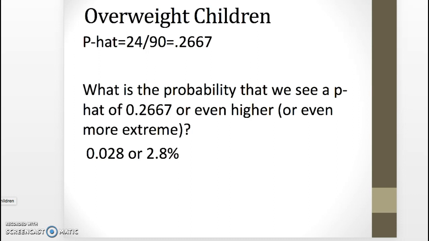Maybe what's going on is it's not something happening with my sample, but a shift in my overall population. Maybe that population proportion of 0.188 is no longer correct. Because if it were, I'd be surprised to see this.